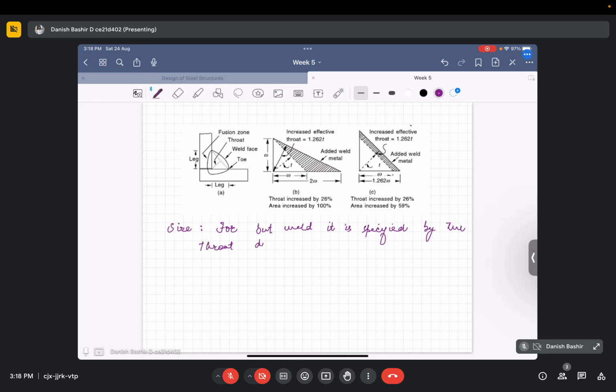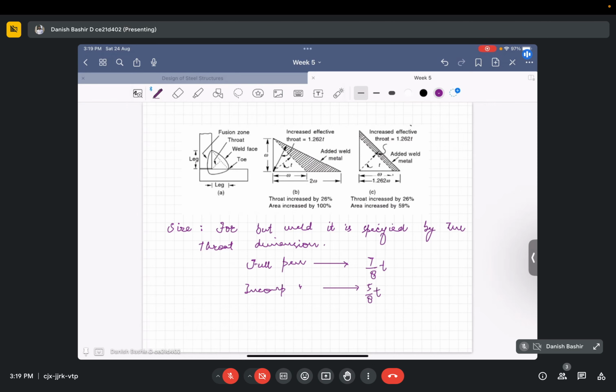Okay, it is specified by the throat dimension. And I told you for full penetration you have to take the size as 7 by 8 of t. For incomplete penetration you have to take it as 5 by 8 of t.